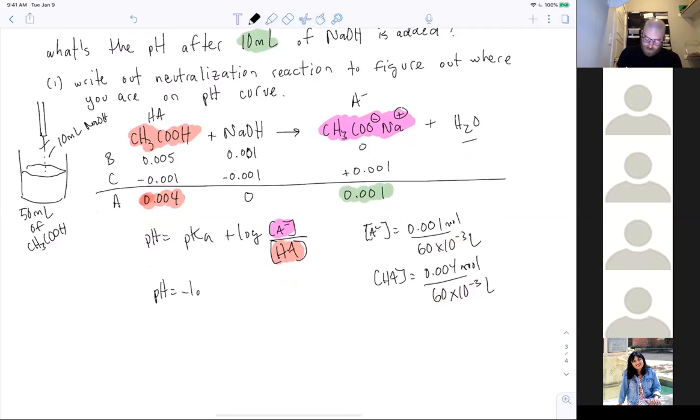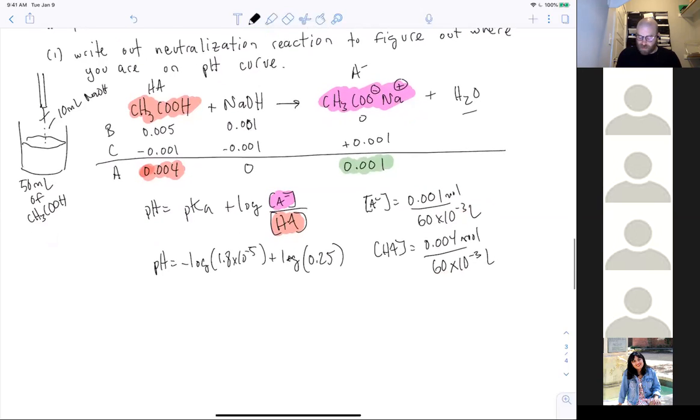We can say the pH is going to be equal to the negative log of the Ka value, which is 1.8 times 10 to the minus 5th, plus the log of these concentrations over here, which come out to be 1 to 4.